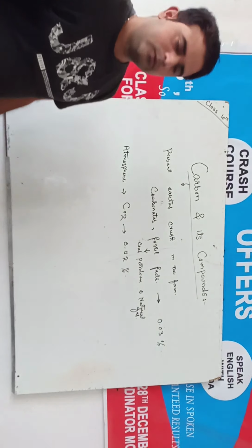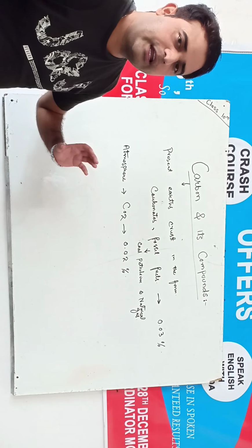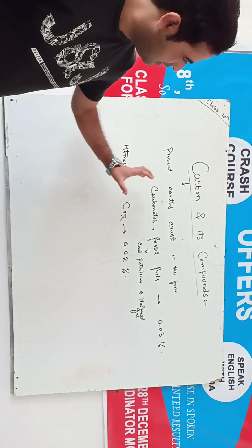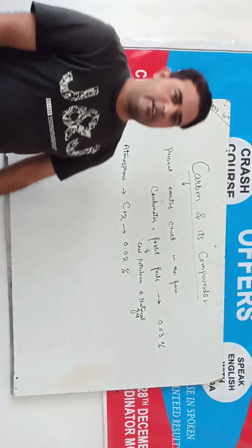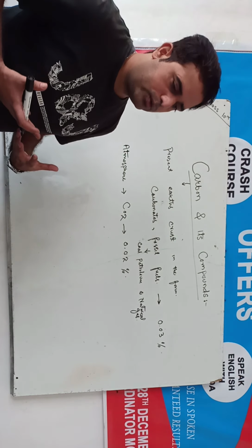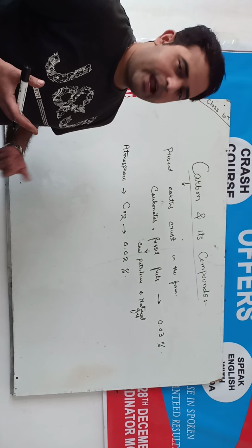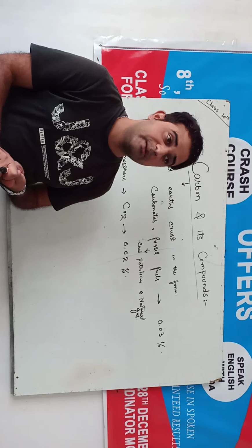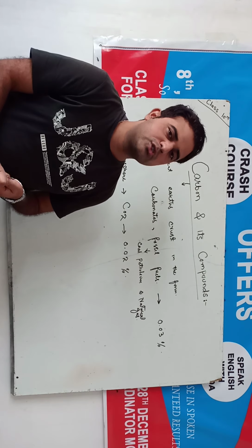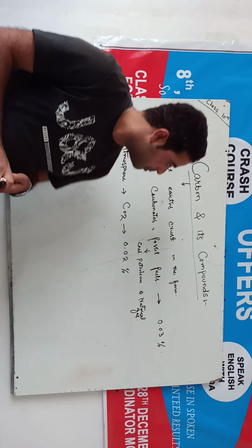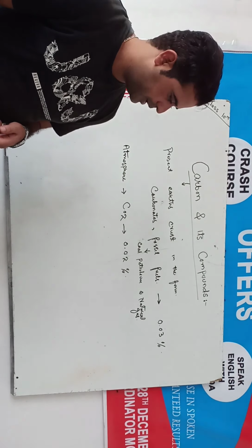But when we look around in our surroundings, we see that carbon exists everywhere. For example, if you look at the bodies of plants and animals, almost all parts of plants and animals are made up of carbon compounds.